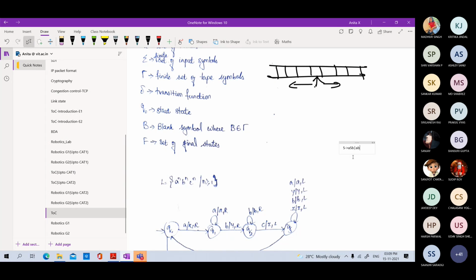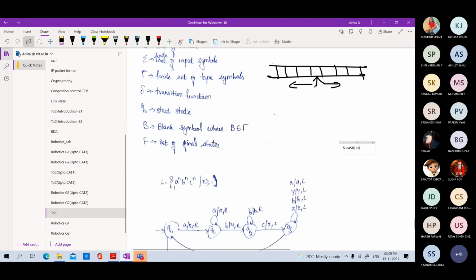So this is for A power n, B power n. Can we proceed for A power n, B power n, C power n? Is that sequence possible over here? It is not possible, right? So we can say it is not a context-free language.